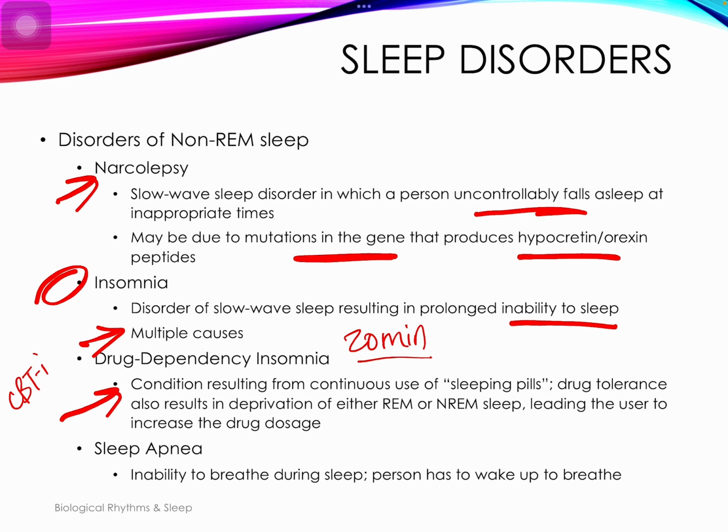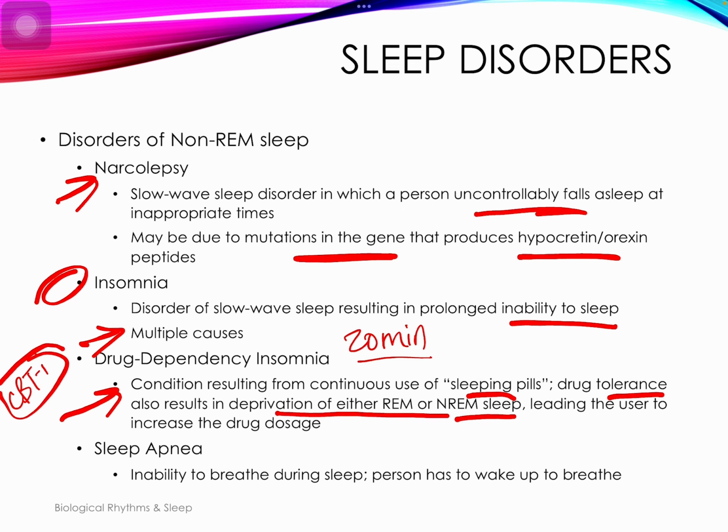And of course, drug dependent insomnia. We see this sometimes when people get used to taking hypnotics or sleep pills, and they start to have a dependency on them, and so that drug tolerance can result in deprivation of REM or non-REM sleep, and the person's going to continuously try to increase the drug dose.